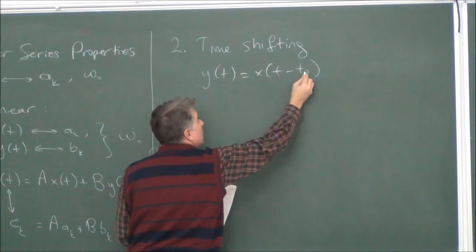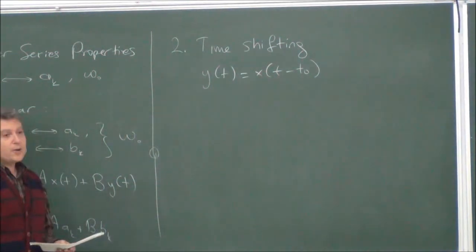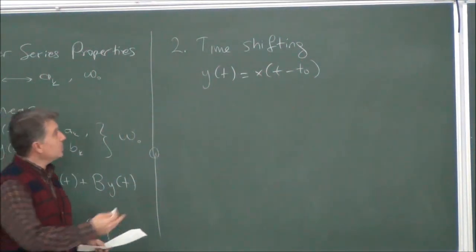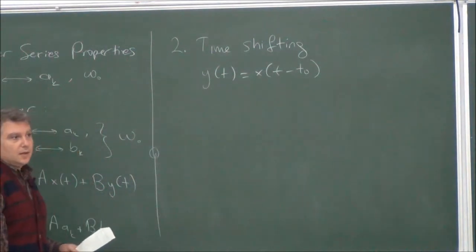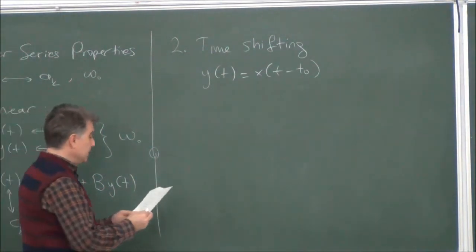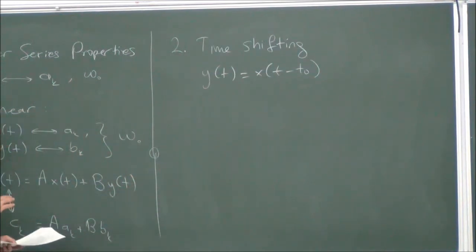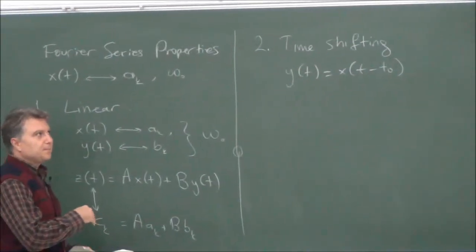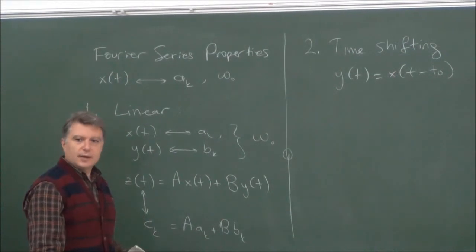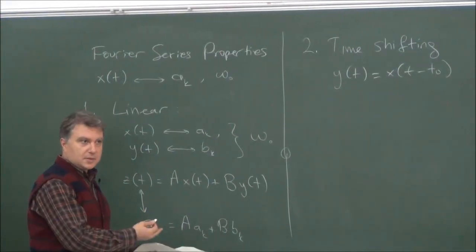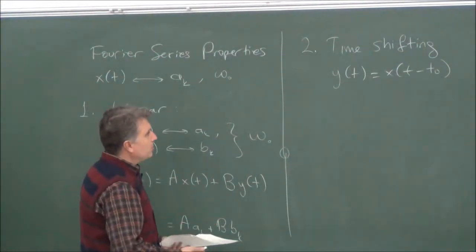In other words, what are the Fourier series coefficients of y of t with respect to the Fourier series coefficients of x of t? x of t is only shifted a little bit. The derivation of these properties can all be proven. They are not some magical formulas or anything. They are theorems mostly, and they have proofs.